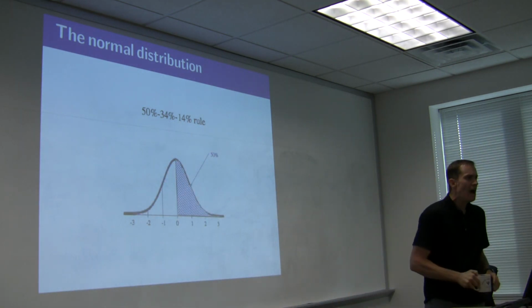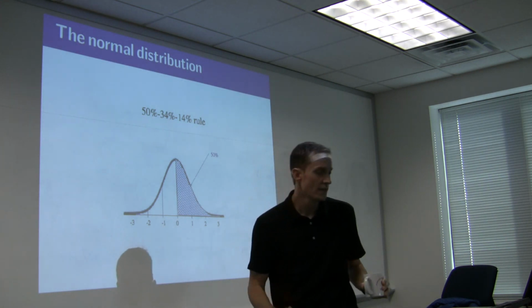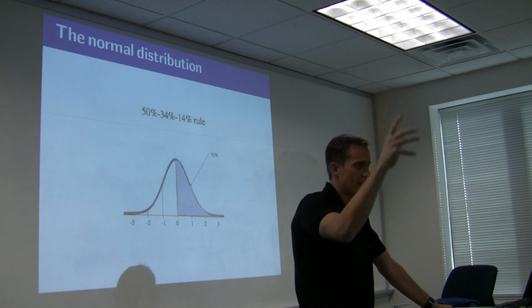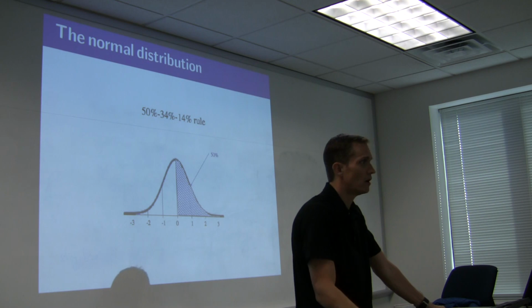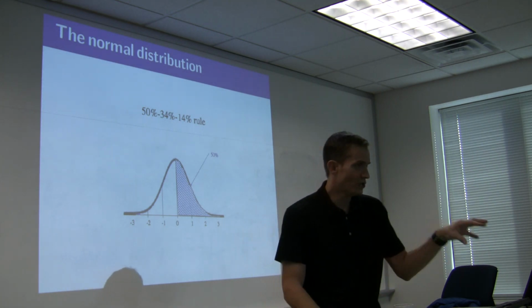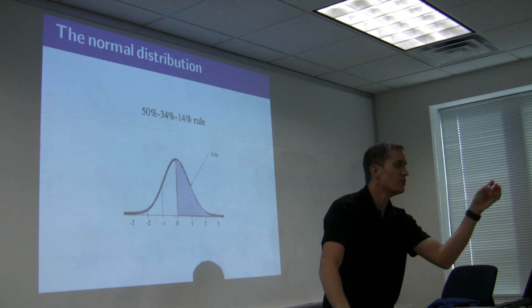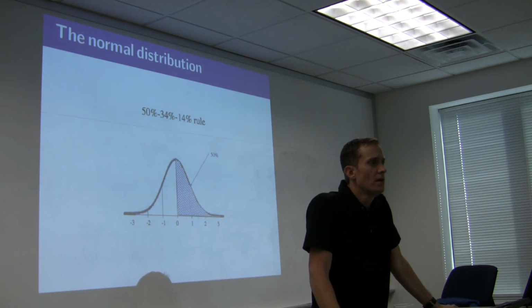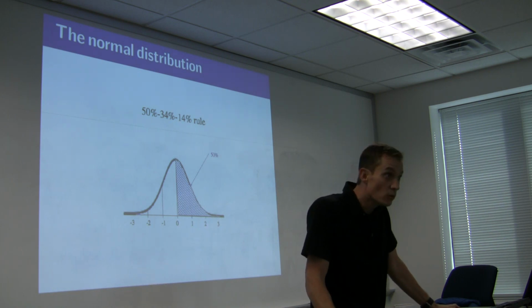You might have wondered, Dr. Falkenberry, how can we do all of these computations when the normal distribution that I'm going to get for my research project depends on what my scores are? My scores are all centered at 20 with a standard deviation of 5. Or my scores are all centered at 100 with a standard deviation of 10. How can we do computations with those? And the answer is simple. Convert them to z-scores.